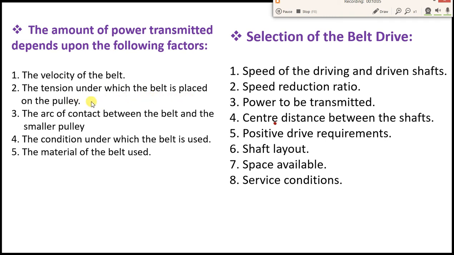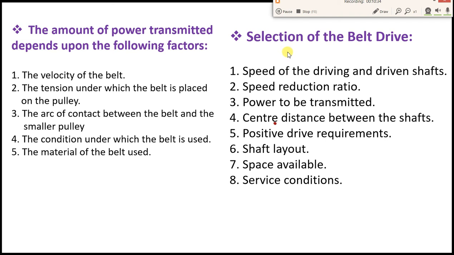If tension is more or less, then power transmission will change, so it may increase or decrease. Then the arc of contact between belt and smaller pulley, the condition under which the belts are used, it may be humid condition, cold condition, or higher temperature condition, and the material of belt. So all these factors affect power transmission.